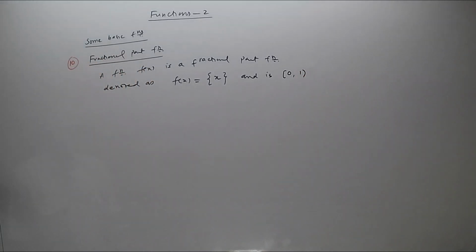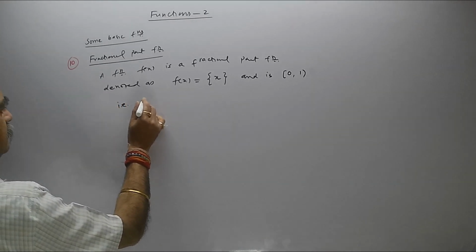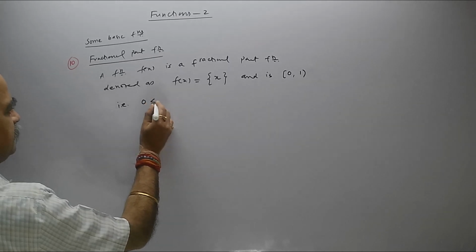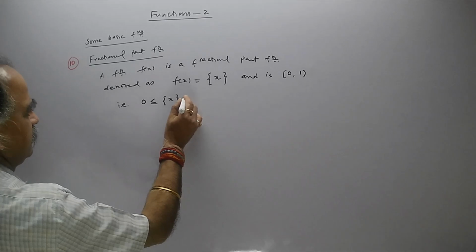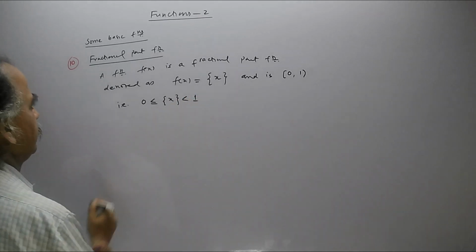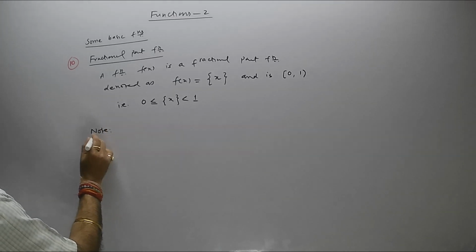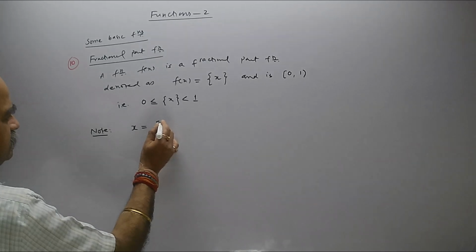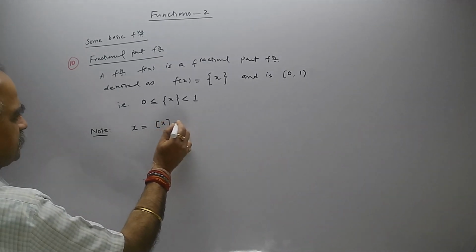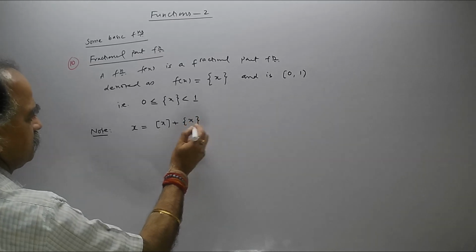It is between 0 and 1. That is 0 less than or equal to the fractional part of x less than 1. Note, x can be written as greatest integer function plus fractional part function.